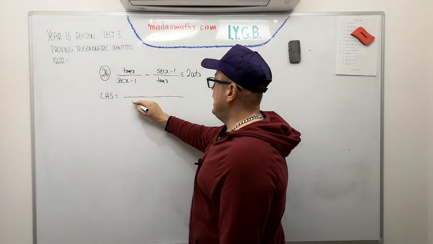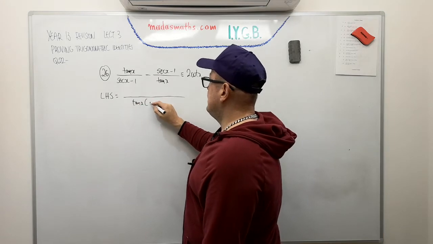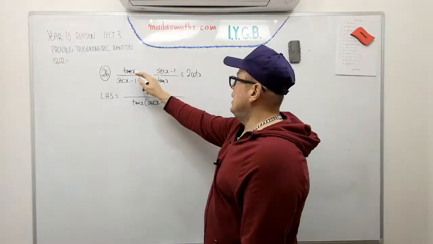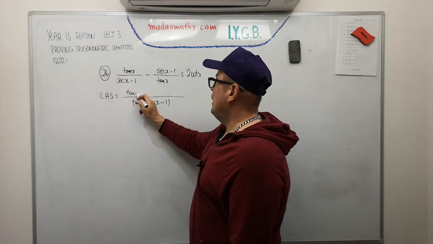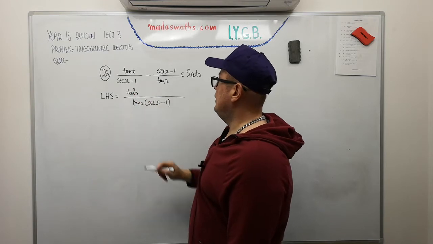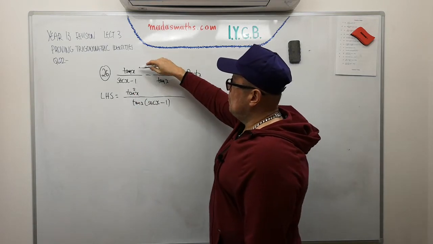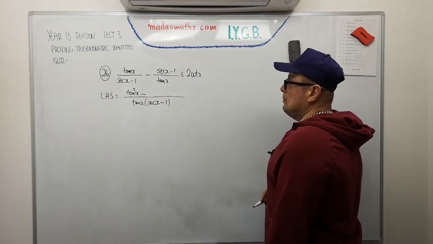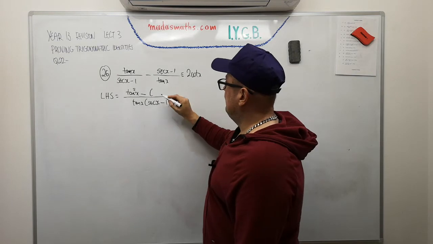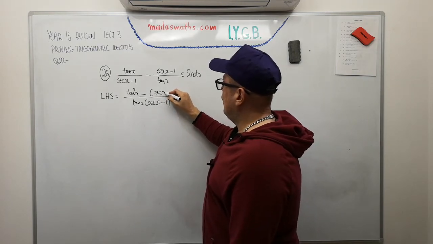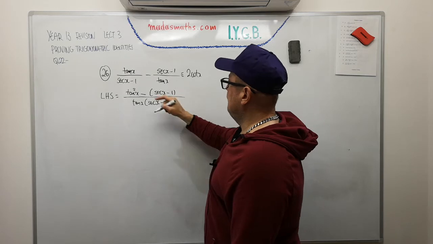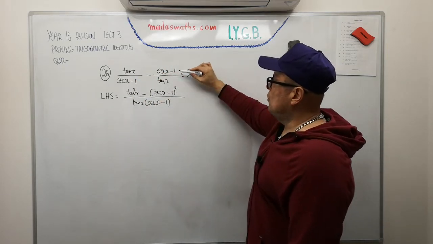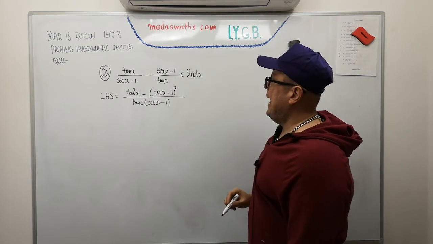The common denominator is going to be tan x bracket sec squared x minus 1, and then we need to times the tan of x by another tan of x, so it's going to be tan squared x, or if you want, multiply top and bottom of this fraction by tan x, minus, and we have to be careful for this particular one because of the minus, bracket sec of x minus 1, times it by itself again, squared, or if you want, times top and bottom of this by sec x minus 1.